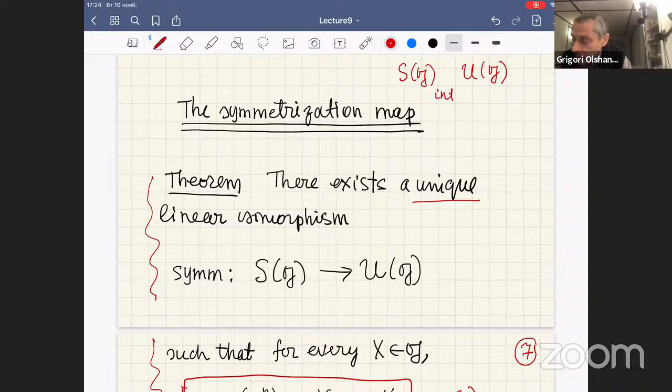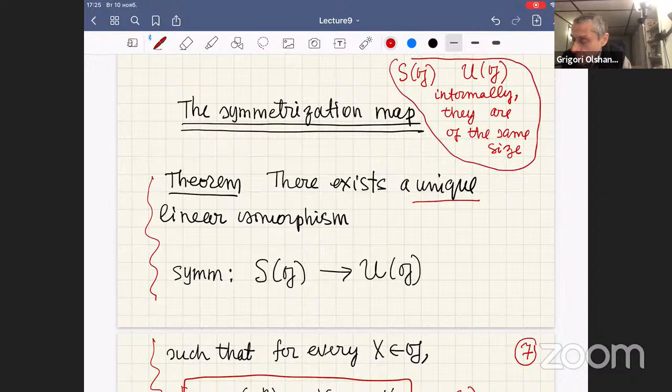Informally, they are of the same size. But I would like to stress that this algebra is always commutative, and this algebra is typically non-commutative unless the Lie algebra is abelian. So the structures are different, but they are close to each other.